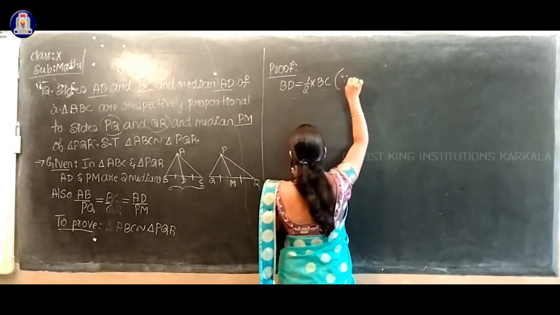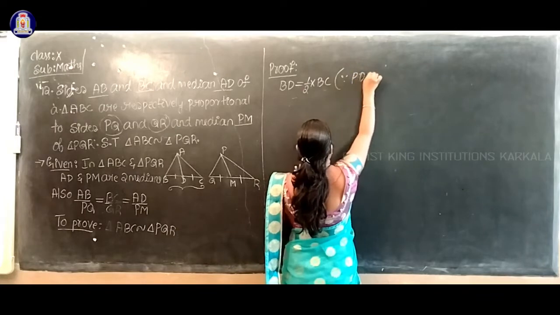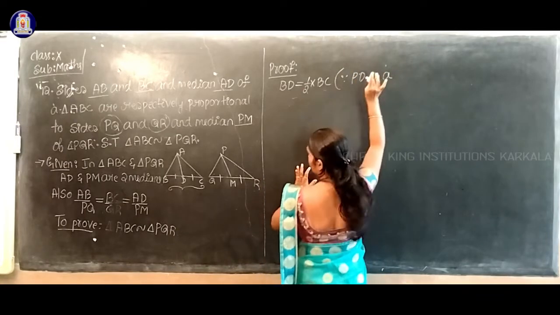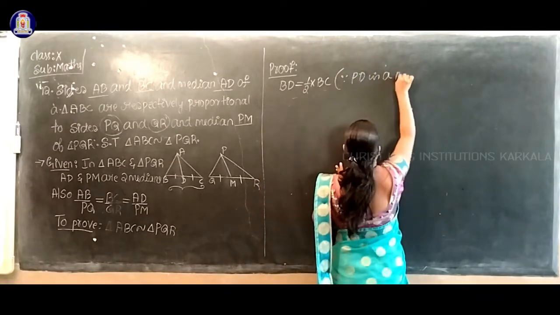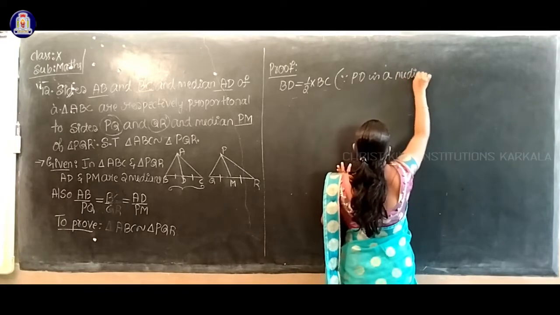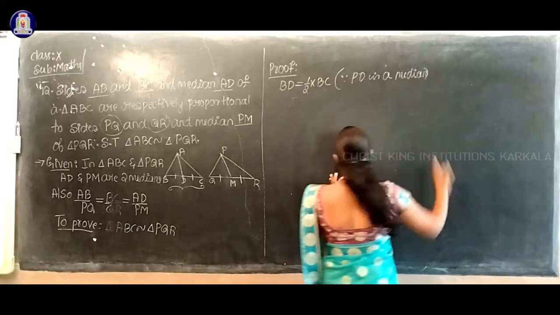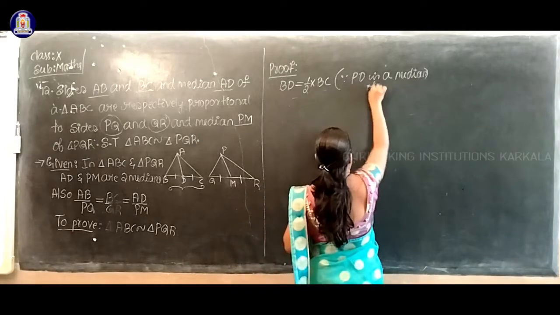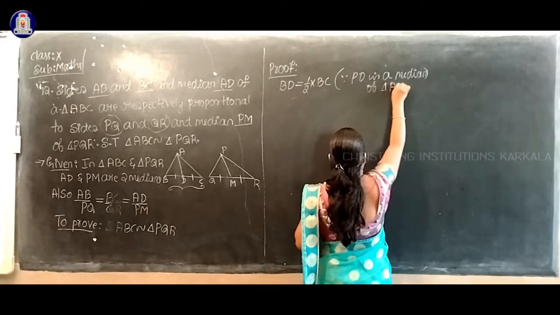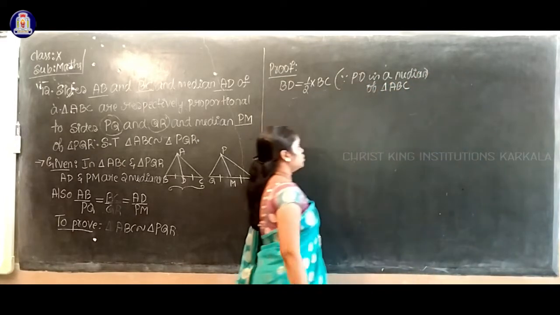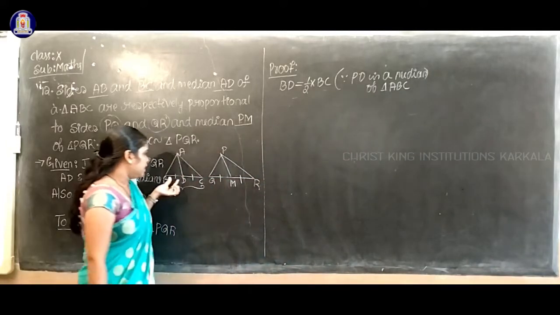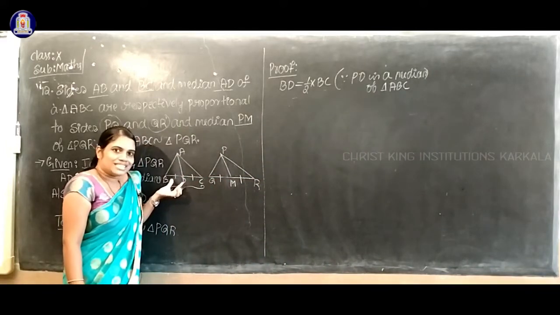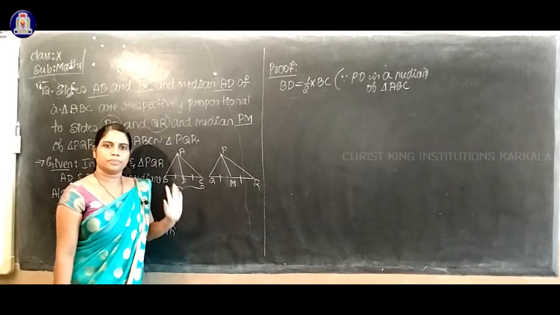Since AD is a median of triangle ABC. Therefore, the part BD is exactly half part of BC.